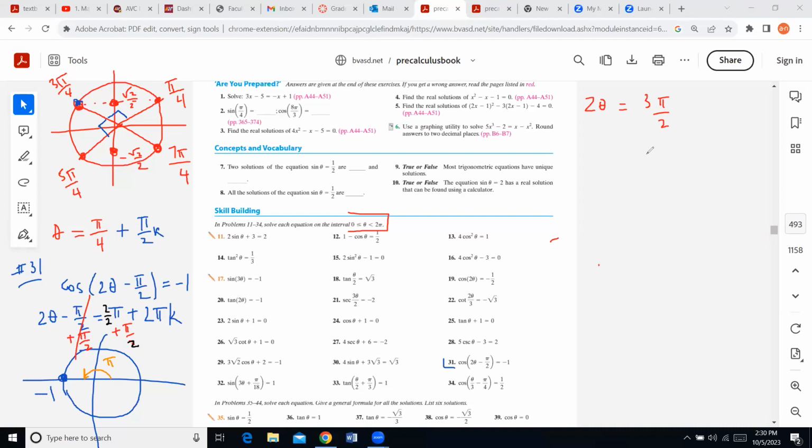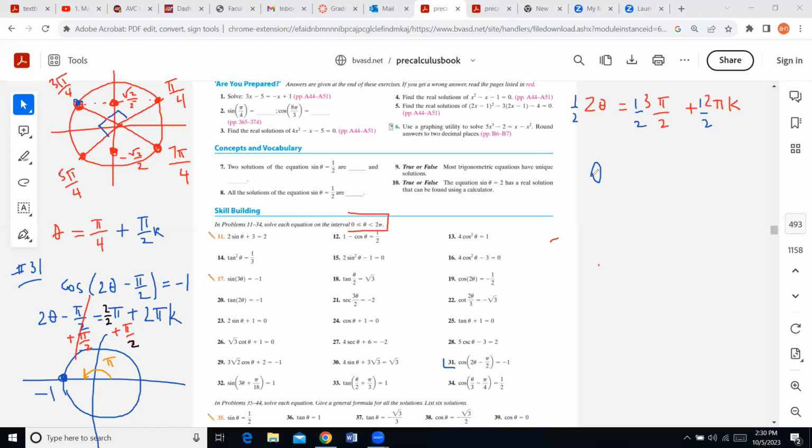And of course, I'll keep that 2 pi k the way it is so far, because now I'm going to divide, or people say multiply by 1/2, because when you deal with a fraction, it's convenient to put a fraction next to it.